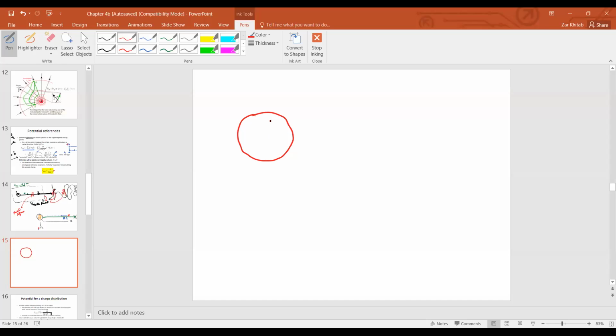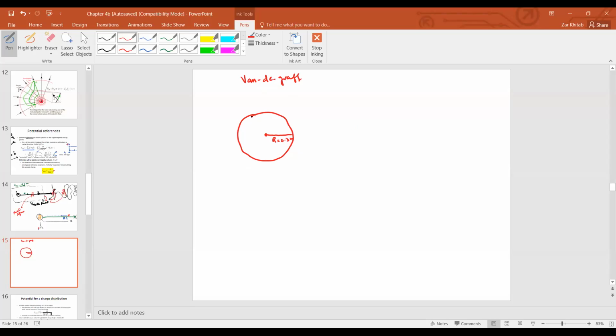Say this is our Van de Graaff. Say its radius R is 0.3 meters, right?